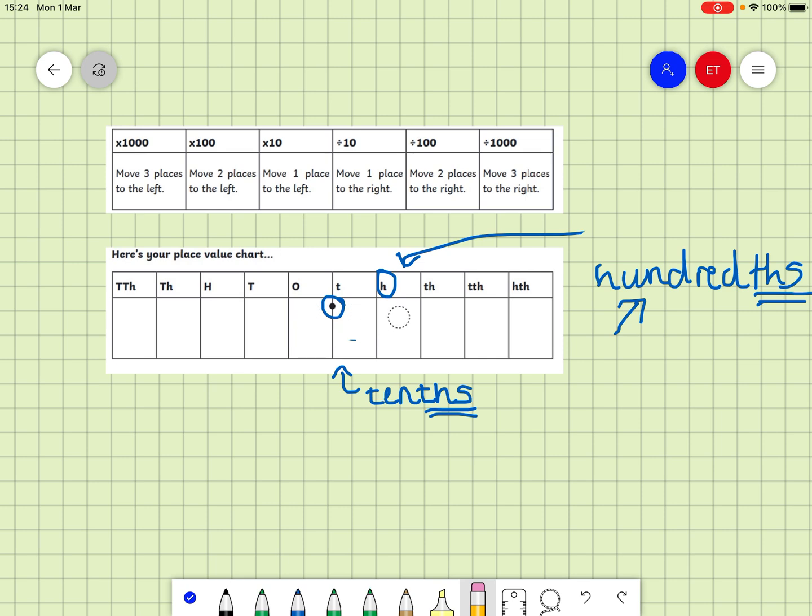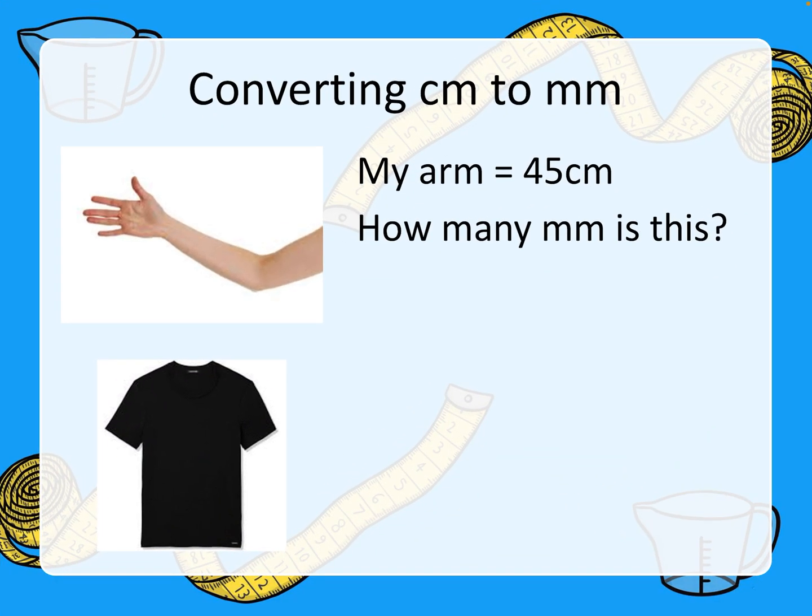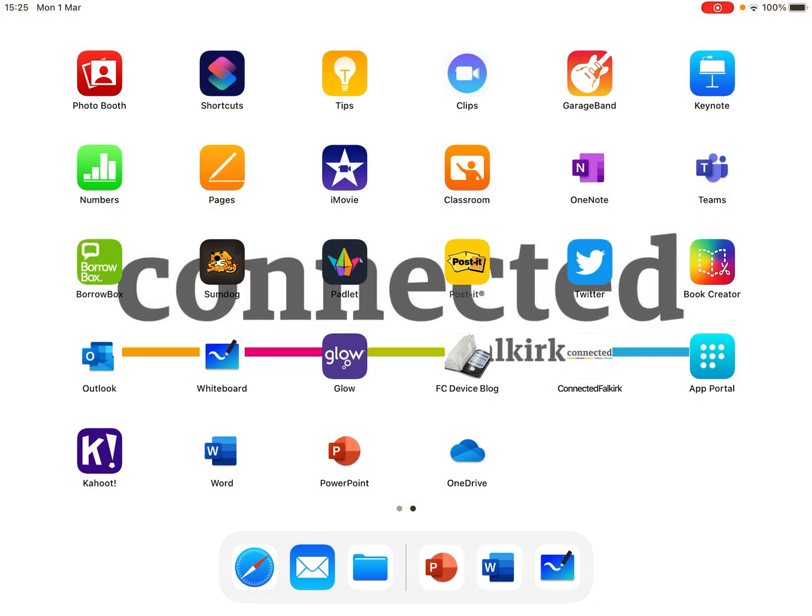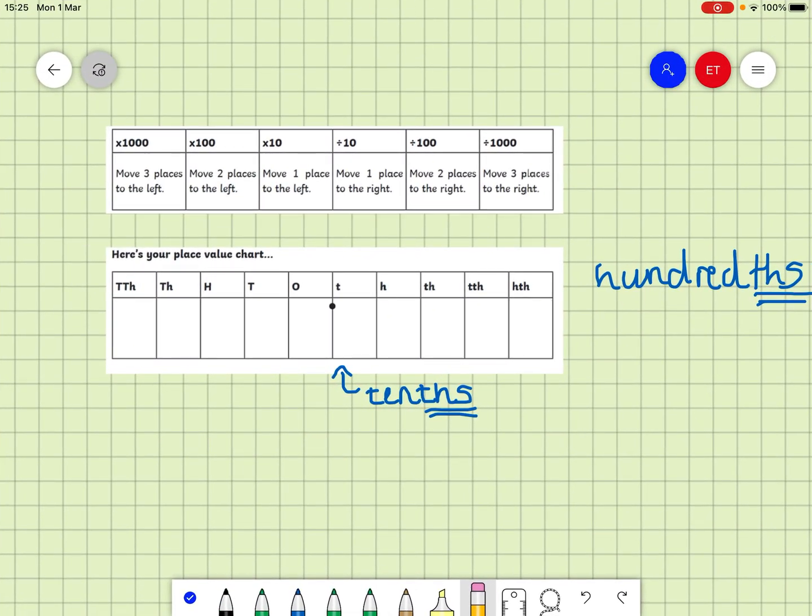Let's go back to our question. So it was, my arm is 45 centimetres. How many millimetres is this? So let's first of all put in our 45.